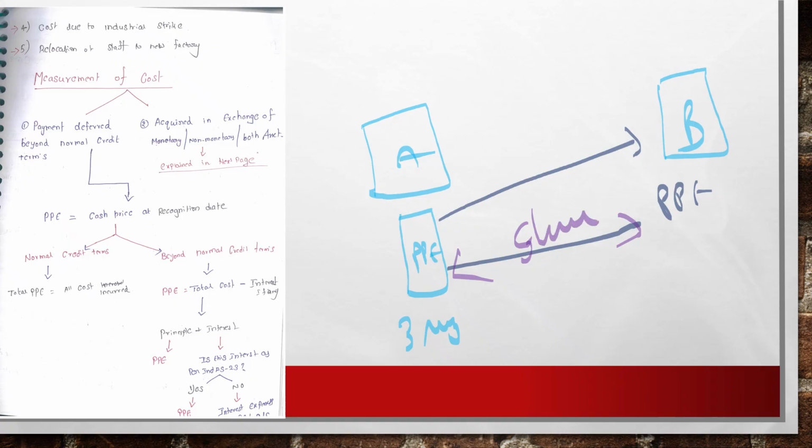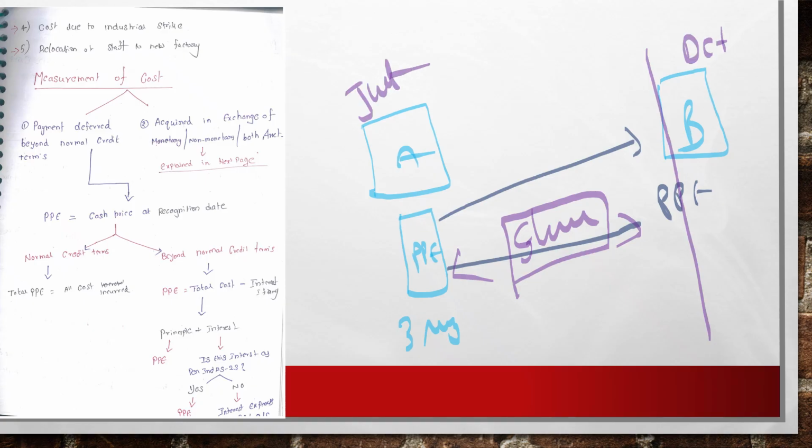You should not add this shifting cost. Say suppose this is July, and in December you have shifted the PPE from plant A to plant B, and you say that in plant B the intended purpose is in December, so I should add cost till December. You should not do like this.